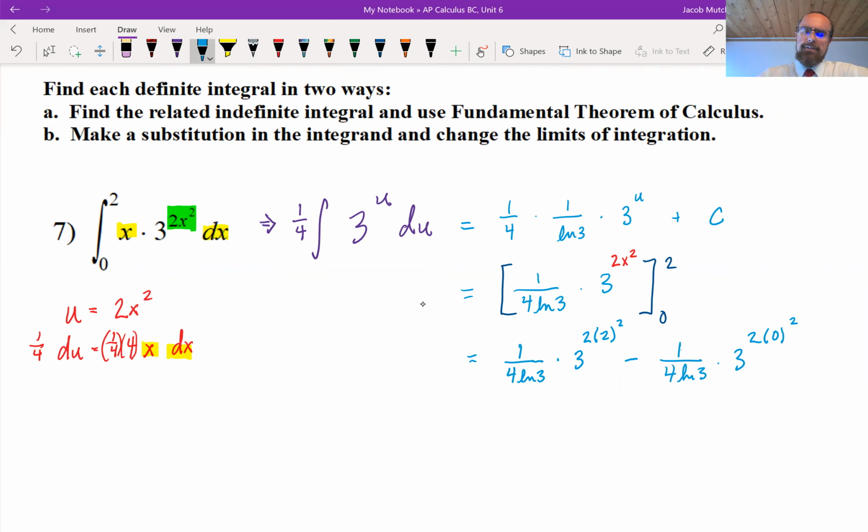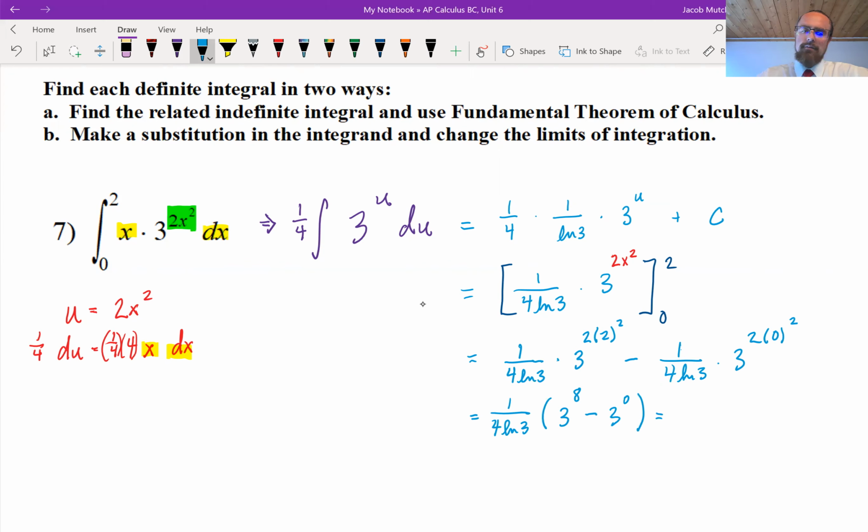I can calculate this in a couple different ways. I see I've got this 1 over 4 natural log of 3 as a factor in each term. So I could factor it out, and that would be equivalent to this 1 over 4 natural log of 3 times 3 to the power of 8 minus 3 to the power of 0.